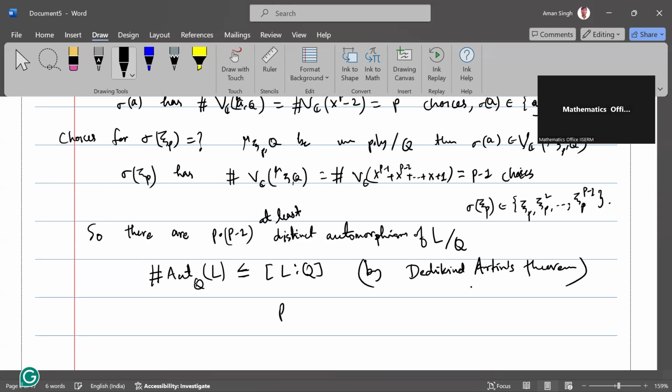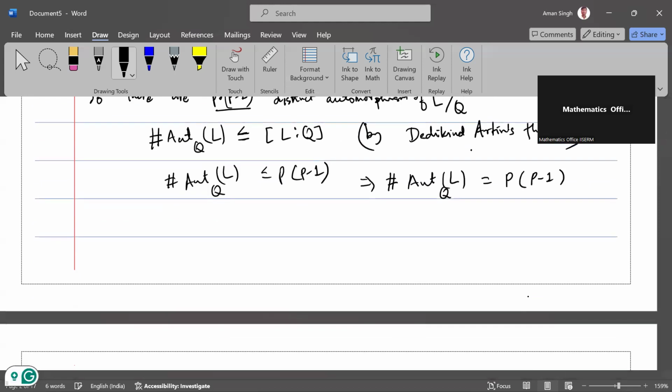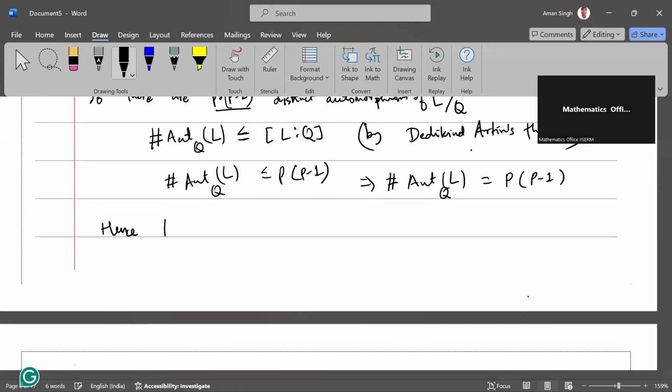But this is exactly p into p minus 1, we have calculated it, and we have at least p into p minus 1 automorphisms of L over Q. What we get? This implies the automorphism group of L over Q has cardinality p into p minus 1, and hence L over Q is a Galois extension.